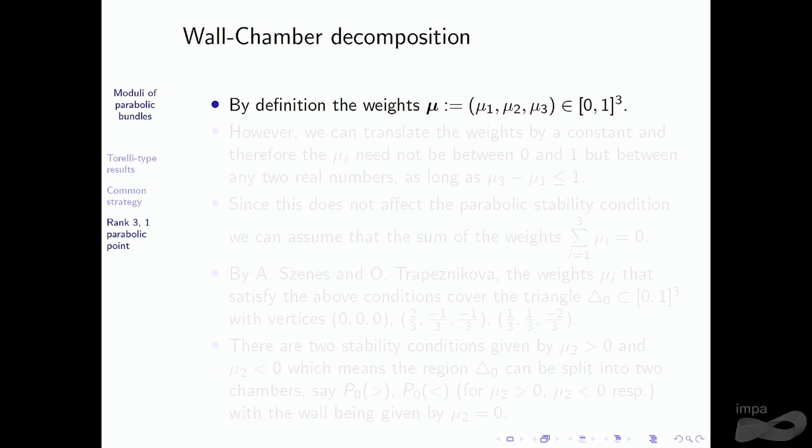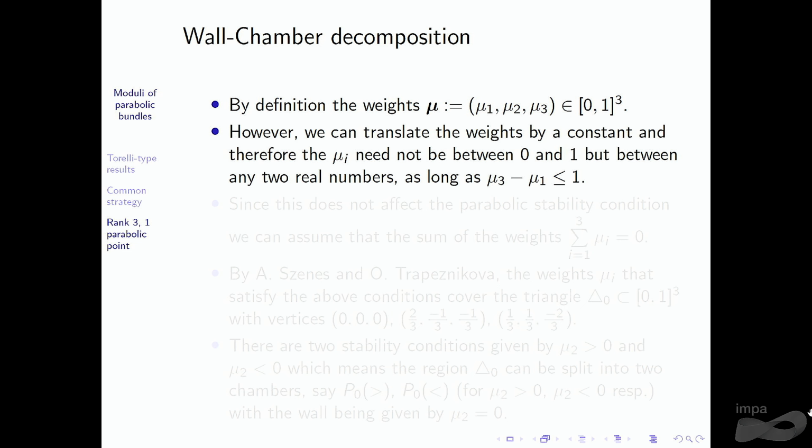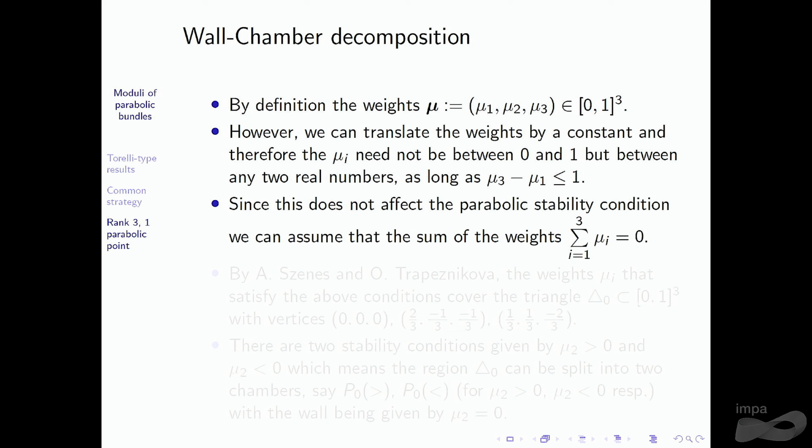As I said, by definition, the weights are sitting inside here. But we can translate the weights by a constant, and therefore they need not be between 0 and 1. Just the difference between the largest and the smallest needs to be 1. If we do that, it does not affect the parabolic stability condition.